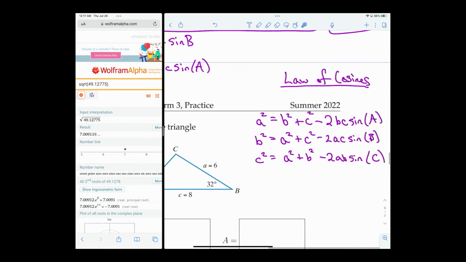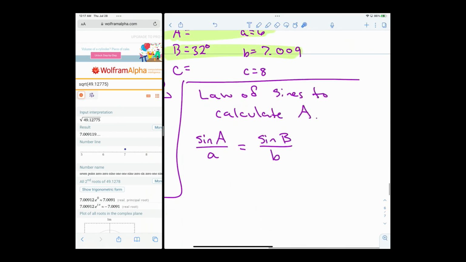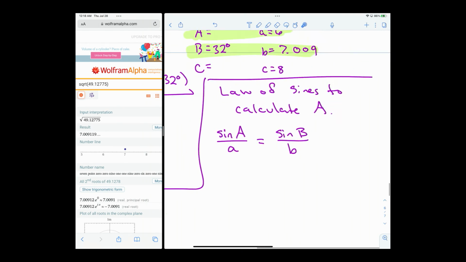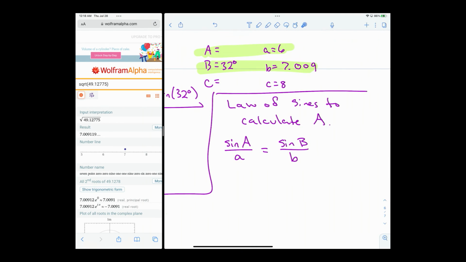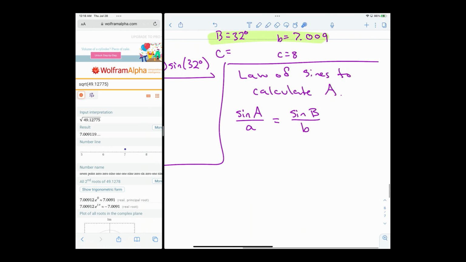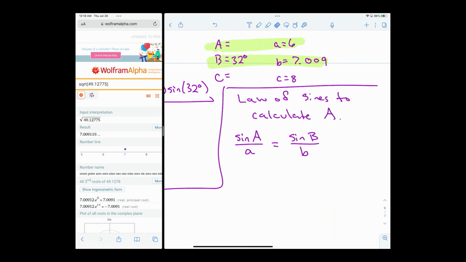I will use this version, because we know the B and we're looking for the A. So you write that form down, fill in the numbers. We have sine A, we don't know A. We know little a is 6. Big B is 32.